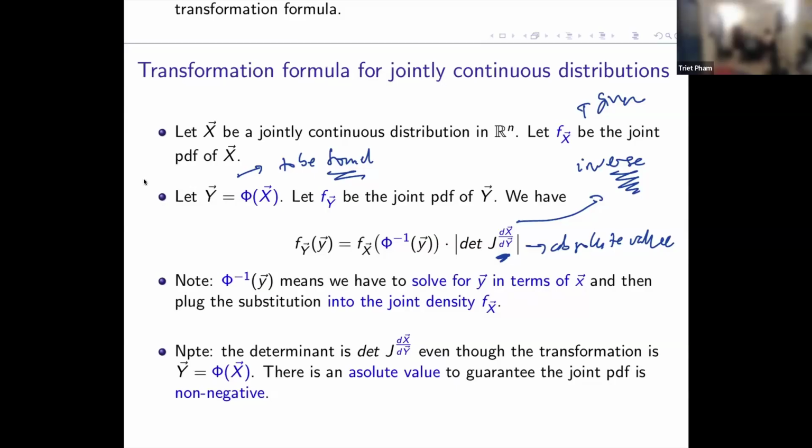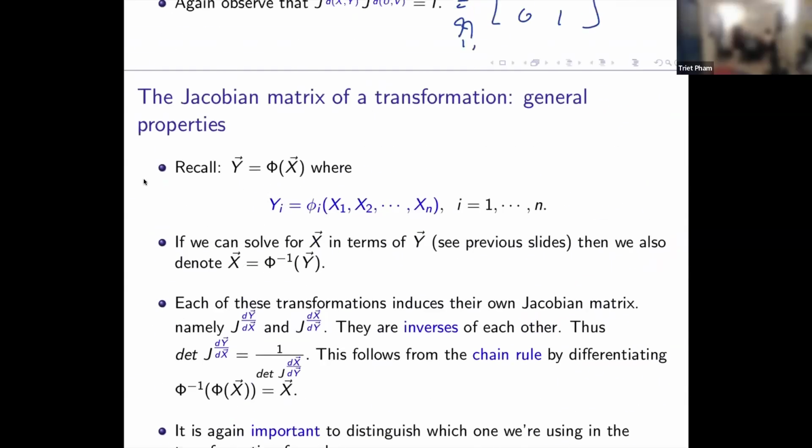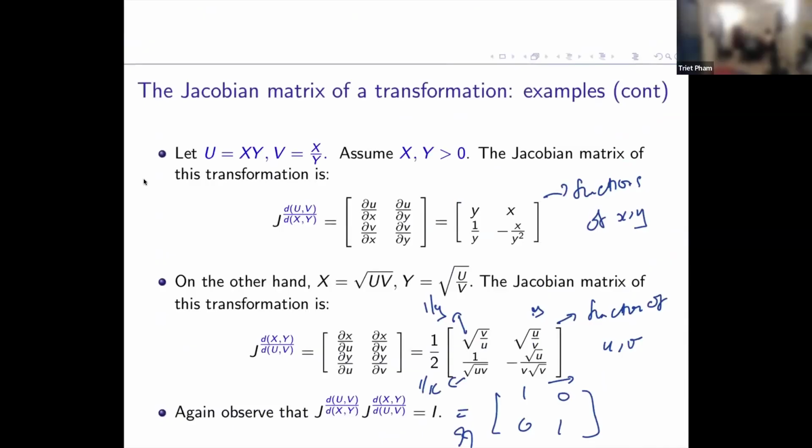So, for example, the end result means that everything must be in terms of the target. So in the language above here, everything must be in terms of, let's say, U and V, because that's the target.